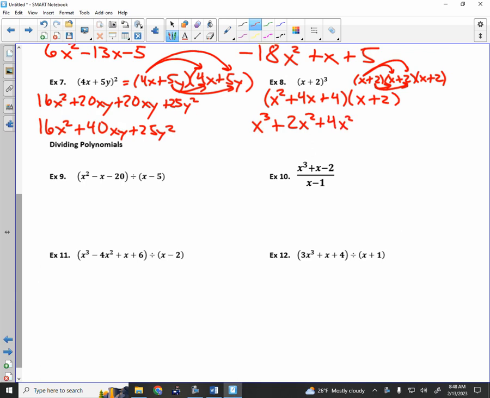And 4x times 2 is 8x. And then I move on to the 4. 4 times x is 4x. And 4 times 2 is 8. And so we get a grand total of x cubed plus 6x squared plus 12x plus 8.